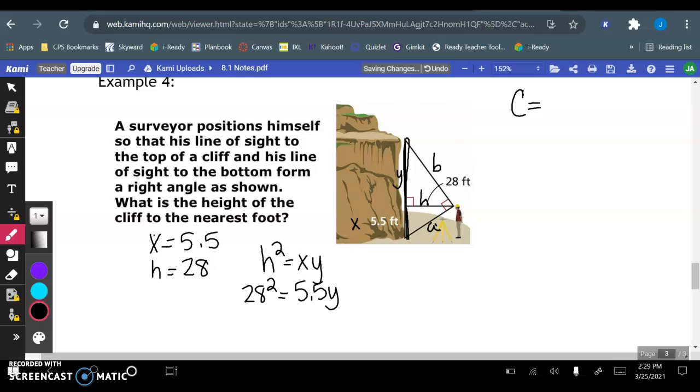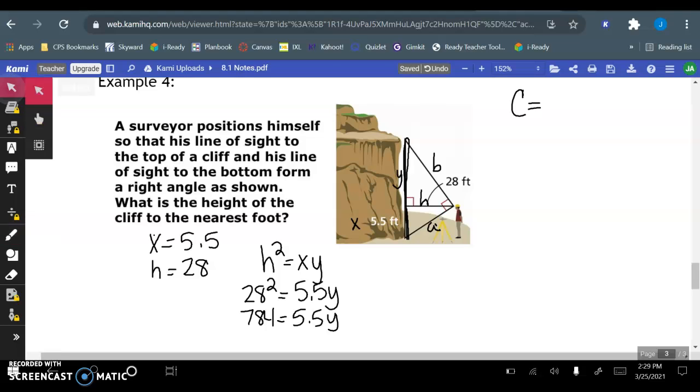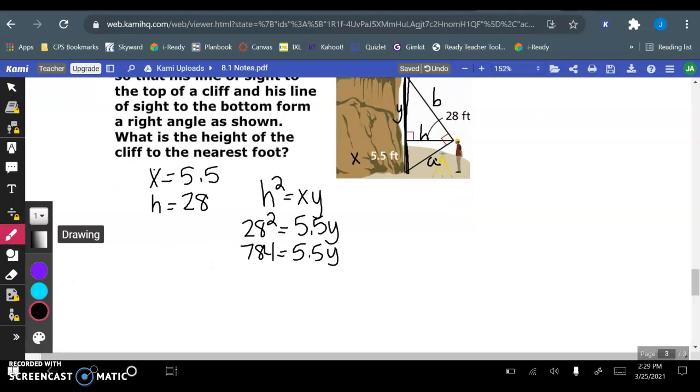And 28 squared is 784. Then I would have to divide that by 5.5. And I get 142.5. And it says to the nearest foot, so we're going to say 143 equals y.